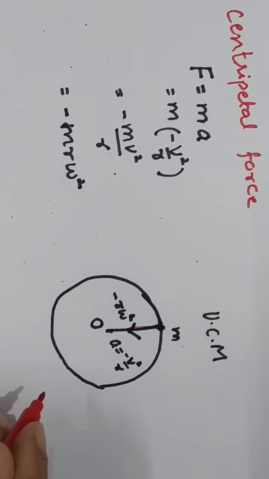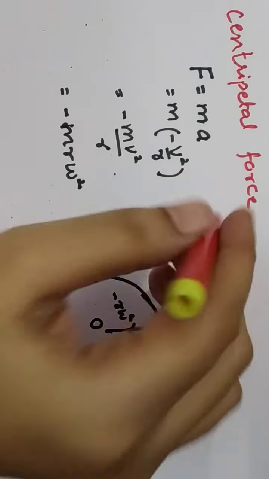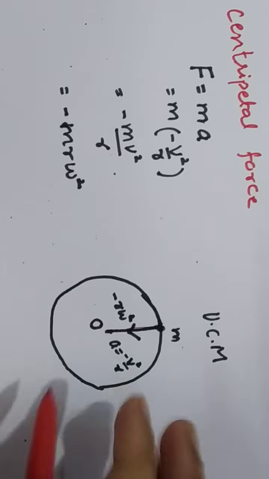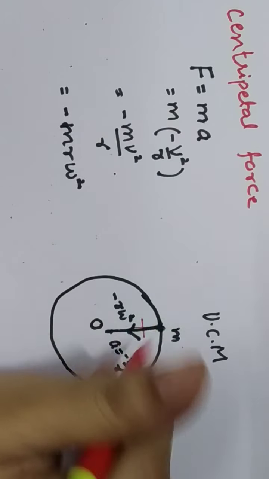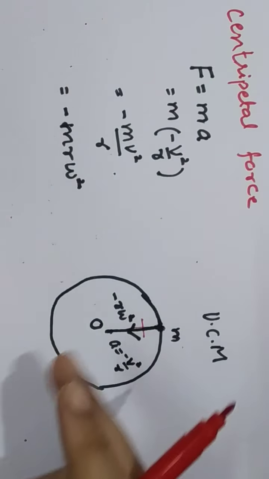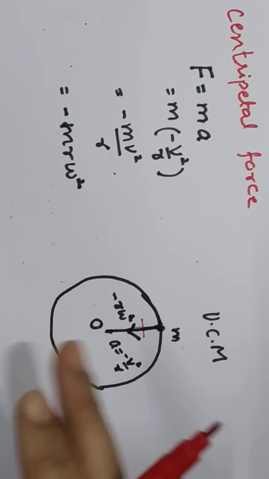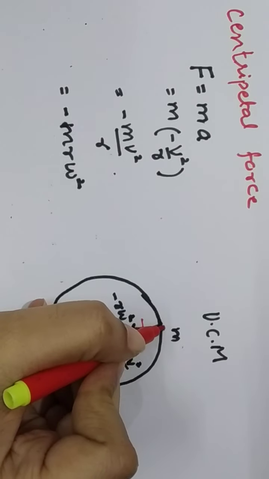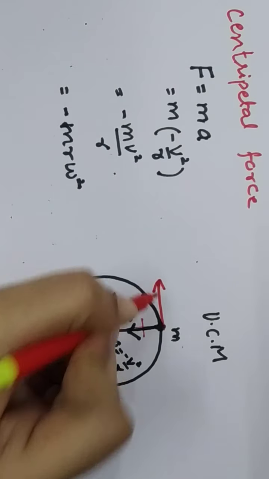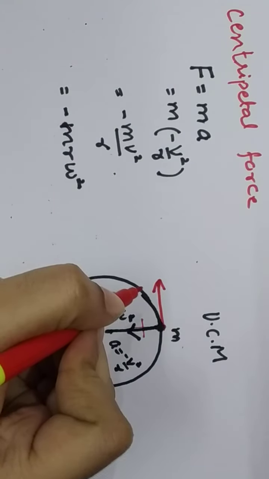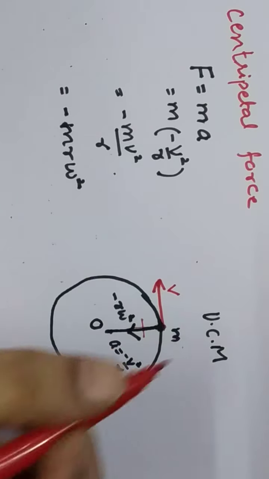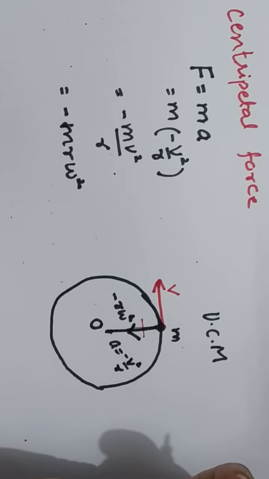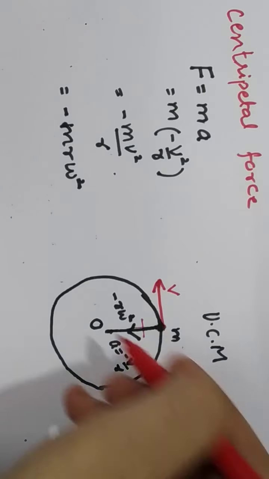Now let's see what happens if I cut off the force. Suppose the string is cut at this particular point when the particle is performing circular motion. Let's take a scissor and cut the string. What is going to happen? The particle will move in the direction of the tangential velocity. Then after it, with the force of gravity, the particle is going to fall to the floor. What does it mean?